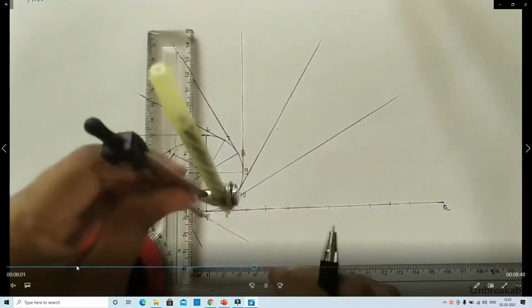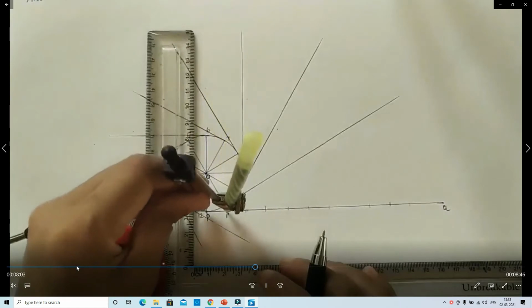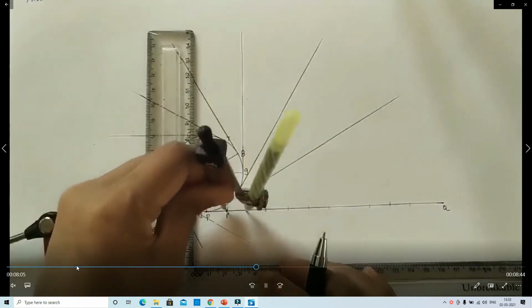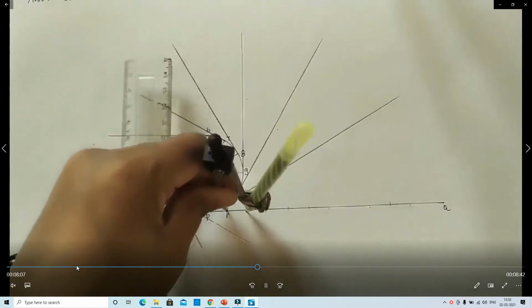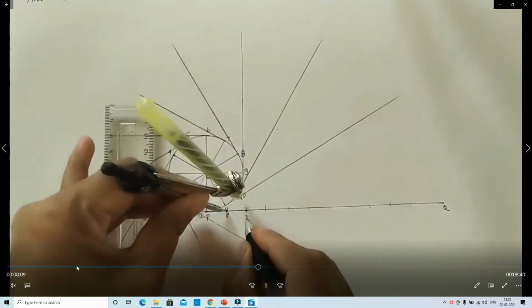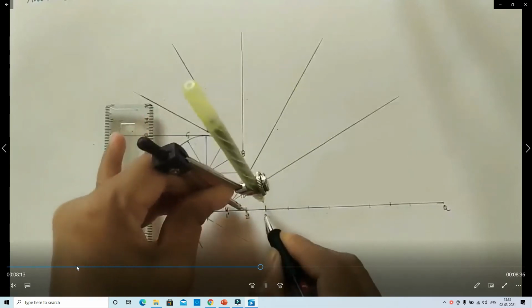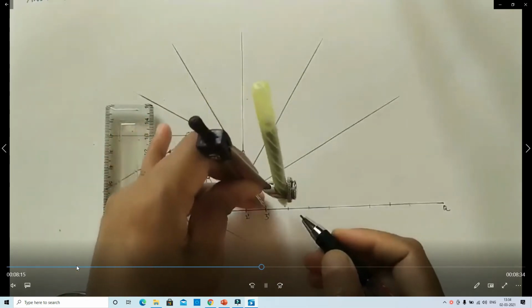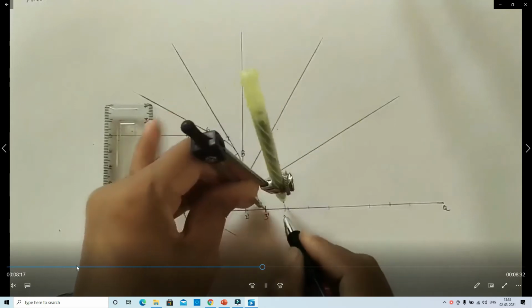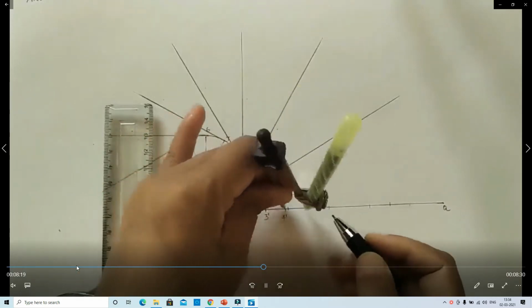With the help of the compass, we take the distance 1 to 2, 12.7. Now we divide 2 to 3, 3 to 4, up to 12 in this way.